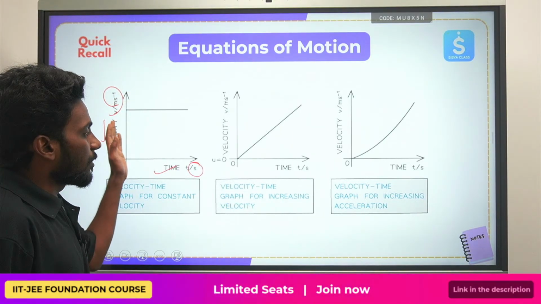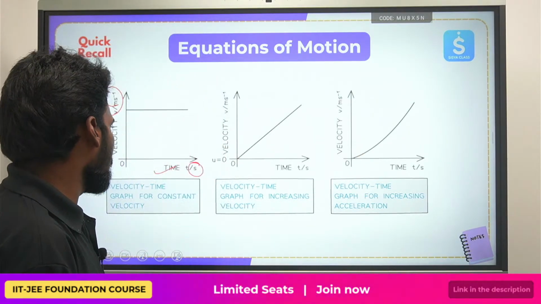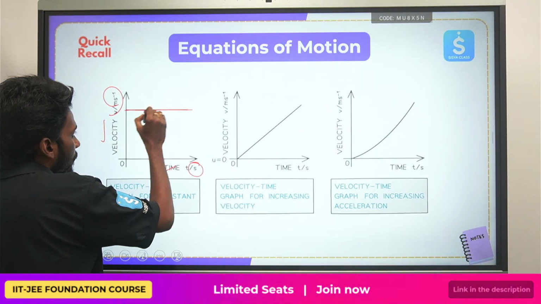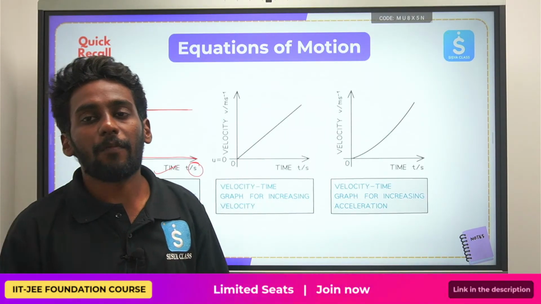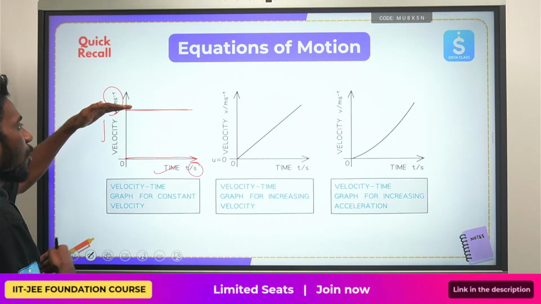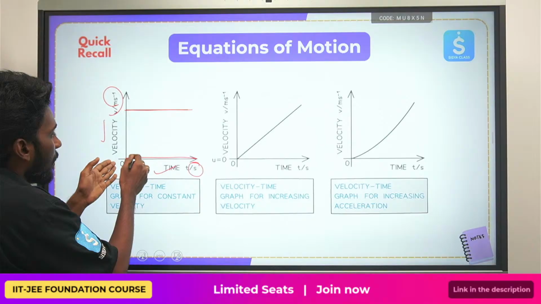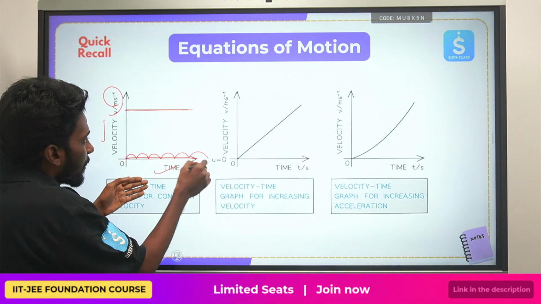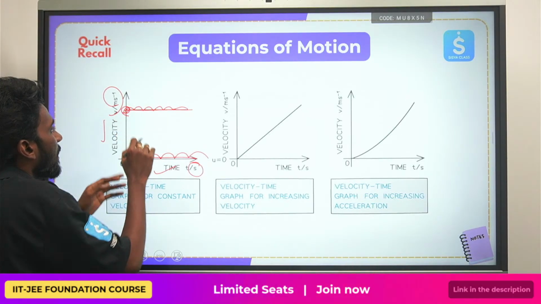So there are some cases here again for the velocity time graph. Let us see now. For the first case, if you are seeing a straight line graph which is parallel to the x-axis for the velocity time graph, what does it mean? It means the velocity is constant with respect to time, because even though the time is passing, the velocity is remaining at the same value.